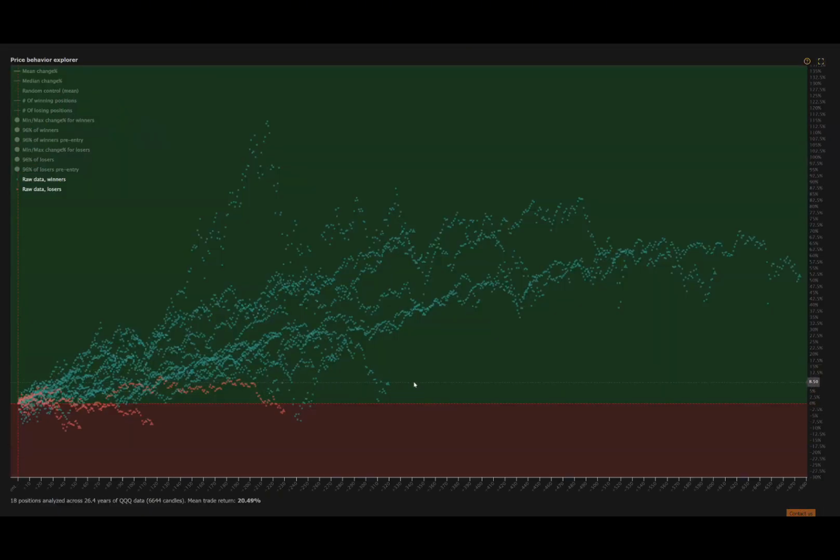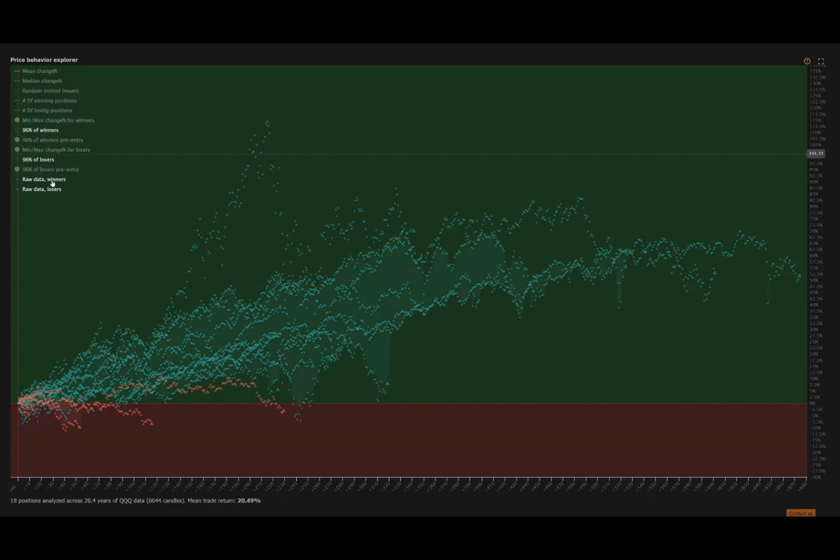There's also the price behavior explorer. This will show you anything you want to see here. What's on right now is just raw data of winners and losers. So, you can see all these red dots are the losing trades and what percentage they lost. So like the worst trade was like 11%. And then the biggest winner is all the way up here at 114%.